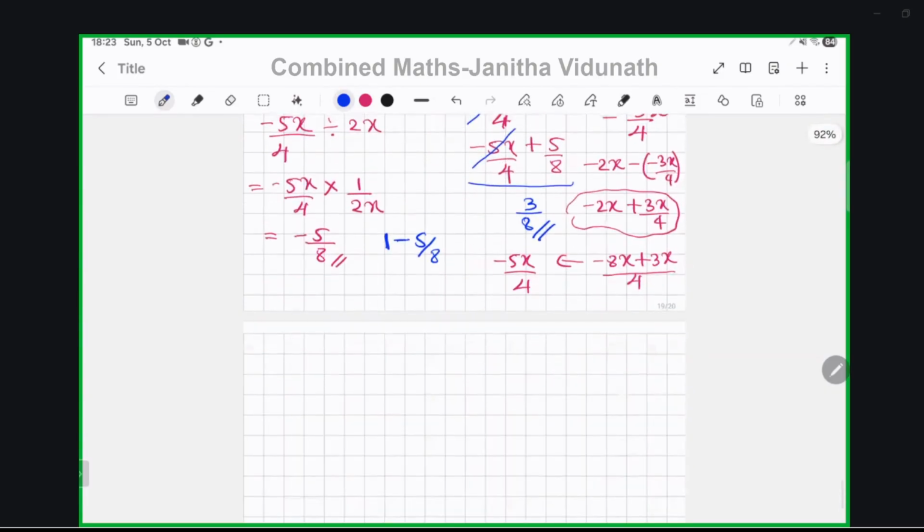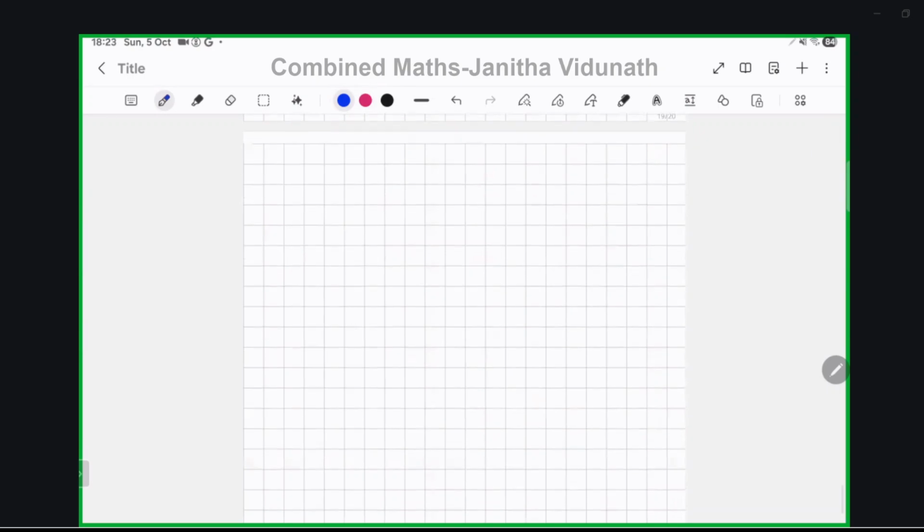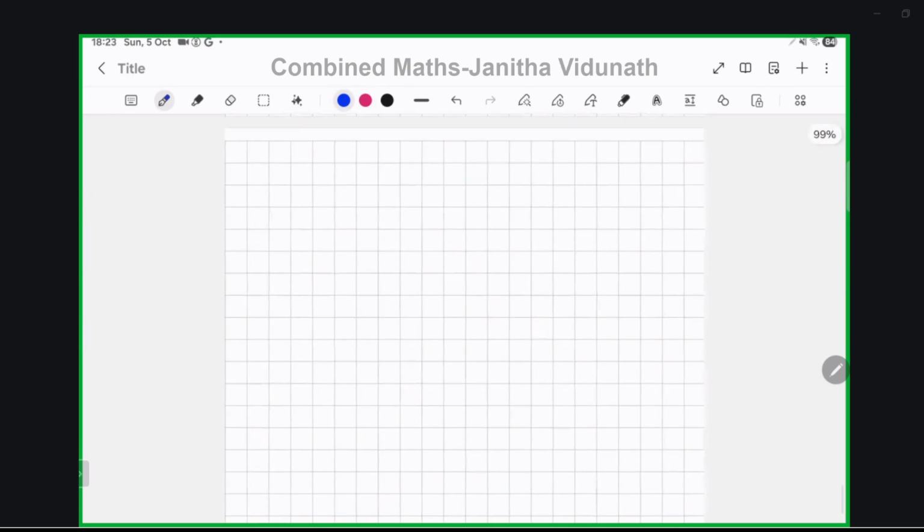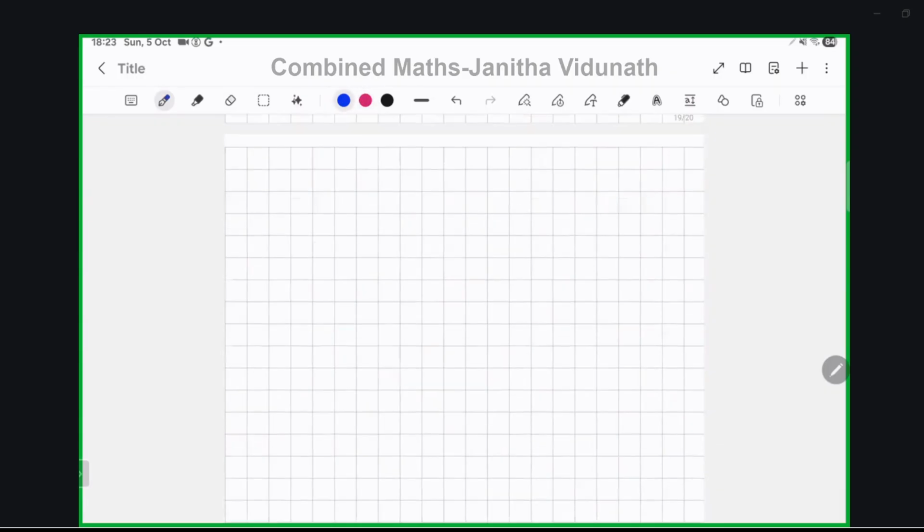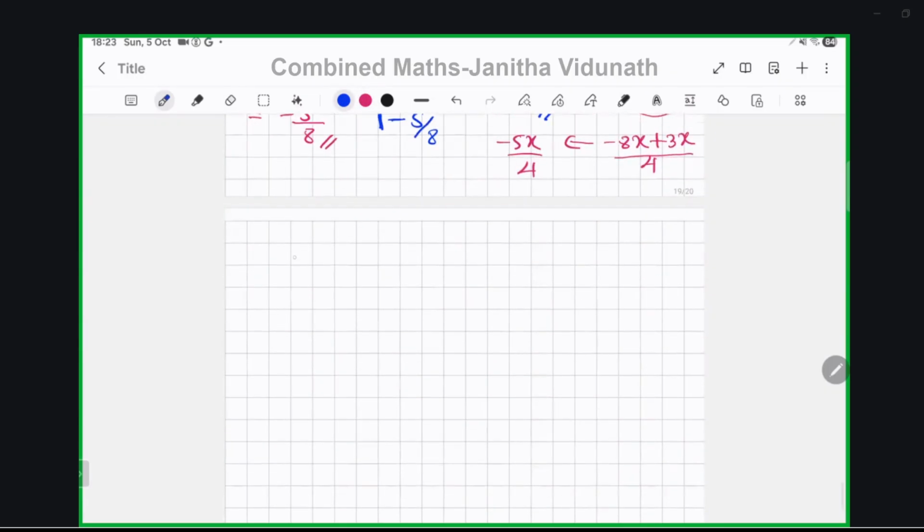Okay, now I am going to solve a different kind of question. Here we need to divide x square plus 5x plus 8 by x plus k.